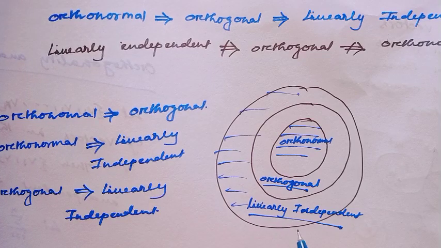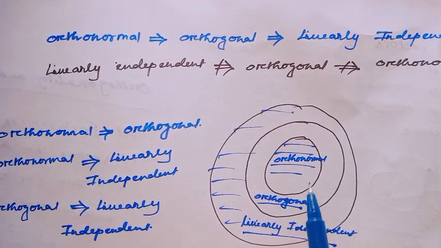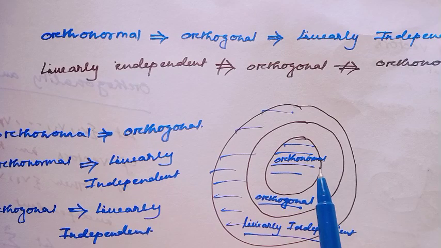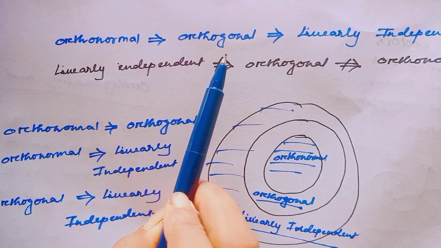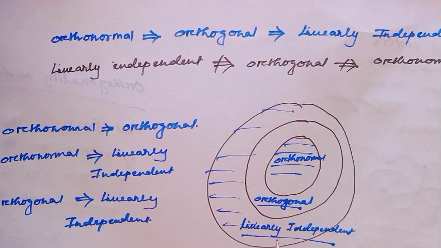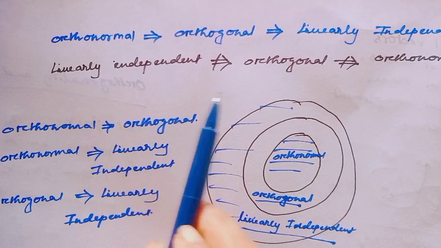and the linearly independent set. That means from this picture it is clear that orthonormal always implies orthogonal, and orthogonal always implies linearly independent. But the converse is not always true.